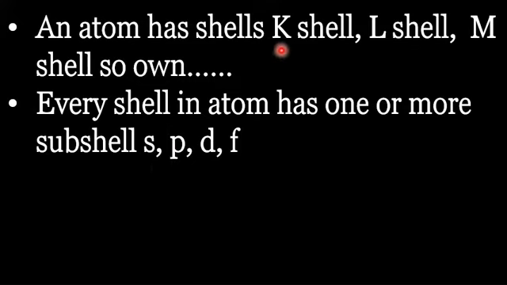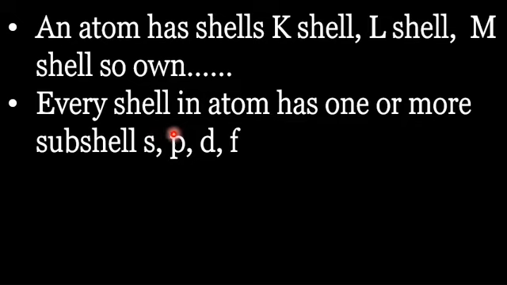The K shell has only one subshell, and that is 1s2. The L shell has two subshells, 2s2 and 2p6, and the M shell has three subshells, 3s2, 3p6, 3d10. An s subshell has a maximum of 2 electrons.